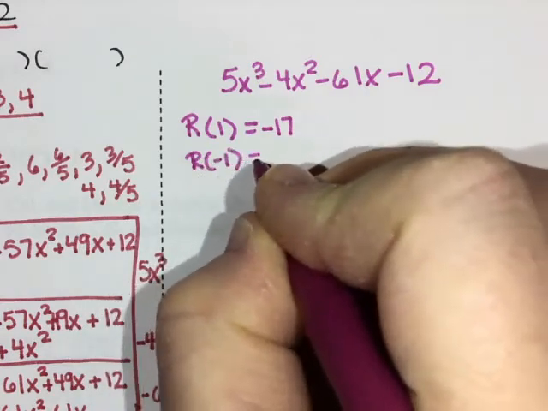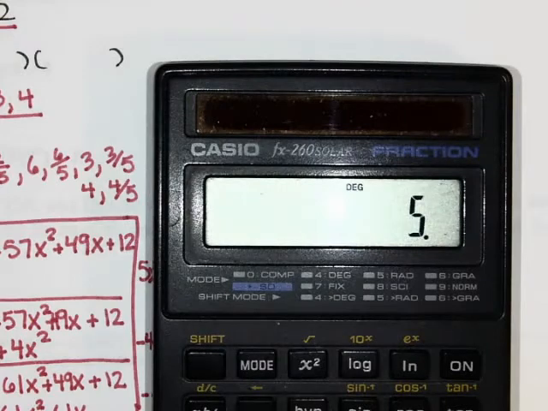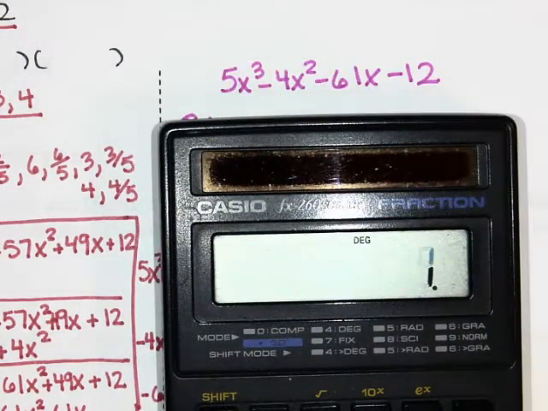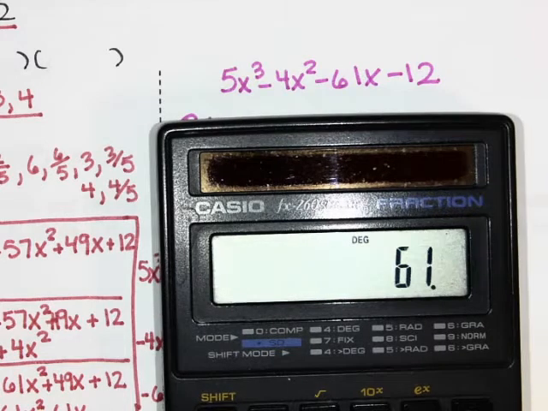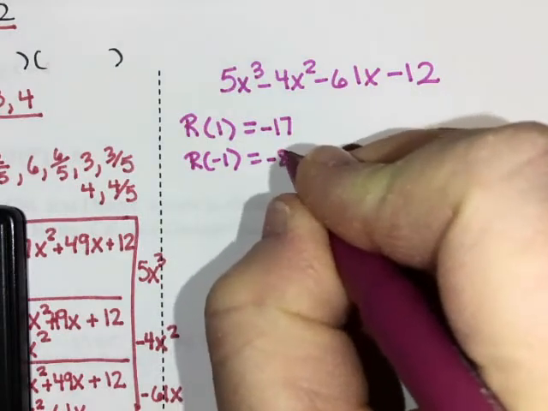Well, we'll do it anyways. 5 times negative 1 cubed minus 4 times negative 1 squared minus 61 times negative 1 minus 12. Nope, that didn't work either. I didn't think it was going to.